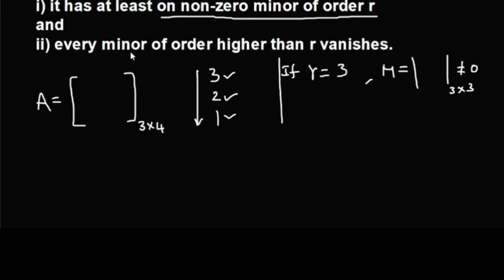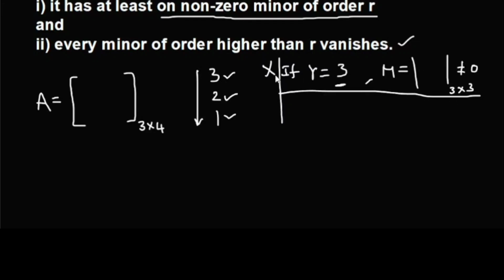And what is the second point? Every minor of order higher than R vanishes. Higher than R means higher than 3, which is 4, and you cannot have minors of order 4. Therefore, there is no need of checking the second point, if the rank is not 3.